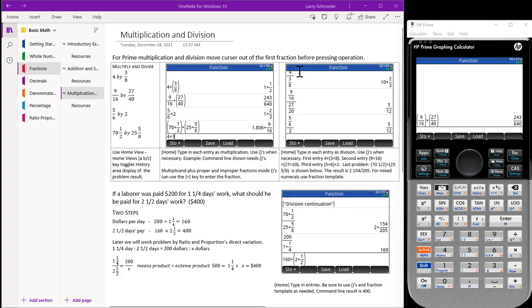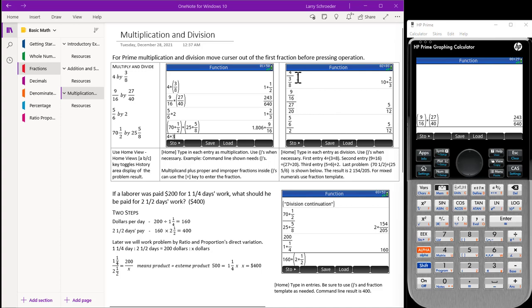So here we have a whole number divided by a fraction, a fraction divided by a whole number, and we have a mixed numeral divided by a mixed numeral. We had to continue it on to the screen for the actual application problem.